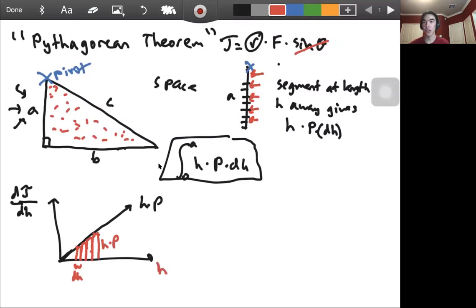This x-axis is H. So we want to sum up all of these red rectangles. And another way of doing that, instead of finding each rectangle, is to find the total area under the curve, under the line here. Because all the rectangles will cover up all the area of this triangle. So how do you find the area of a triangle? Well, it's 1/2 times base times height.